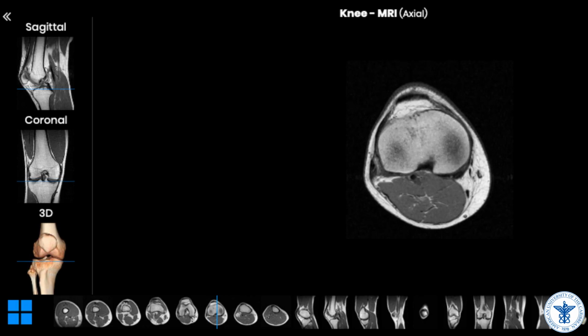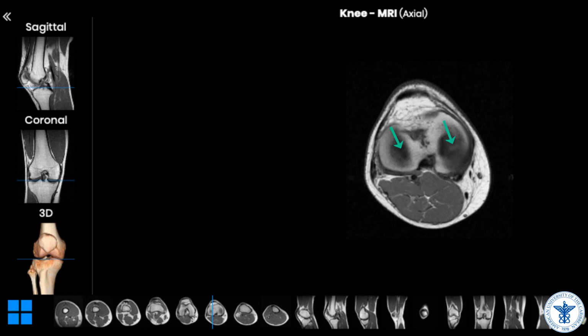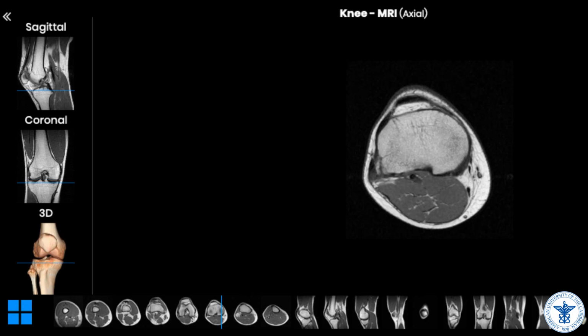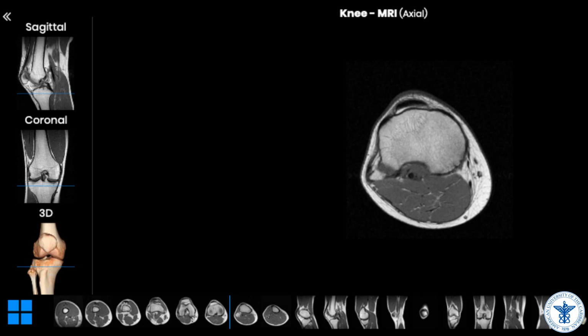Scrolling down, we're going to see the articular surface of the tibia. You see these two shallow fossae, the tibial plateau, and this is the level where we can evaluate the proximal tibio-fibular joint. You see one tiny bone appears on the lateral side.